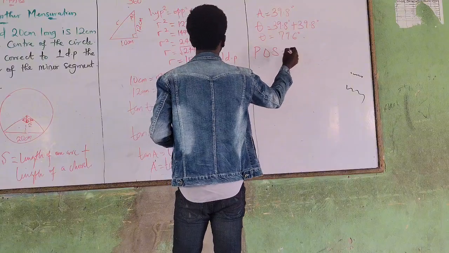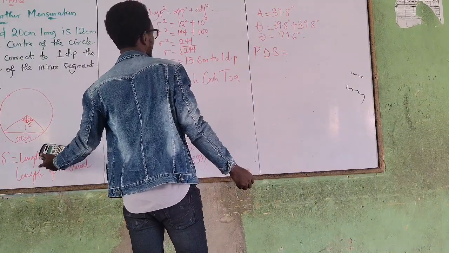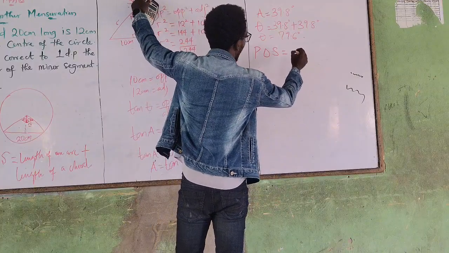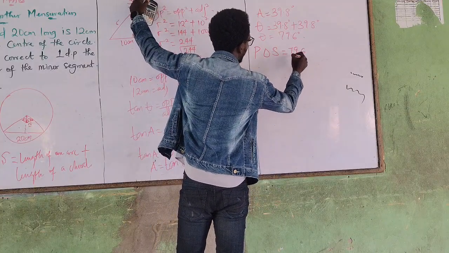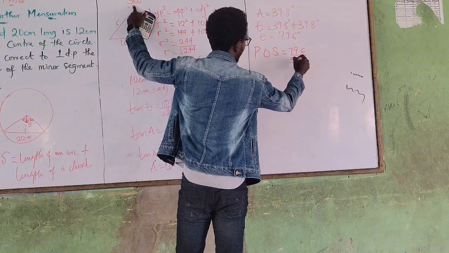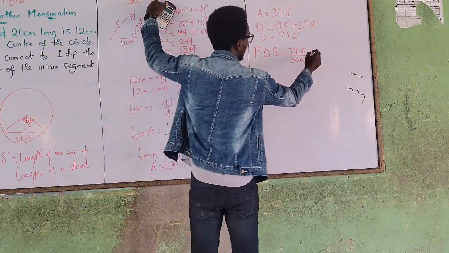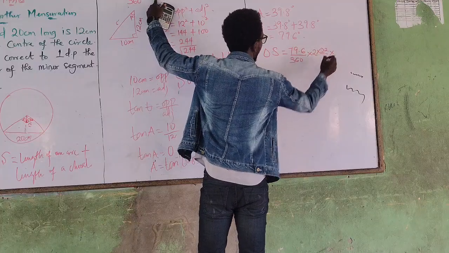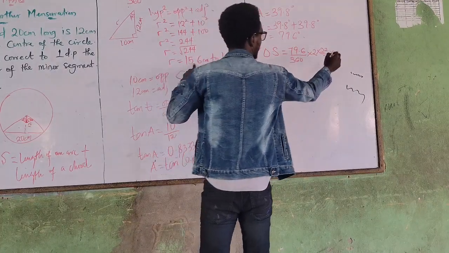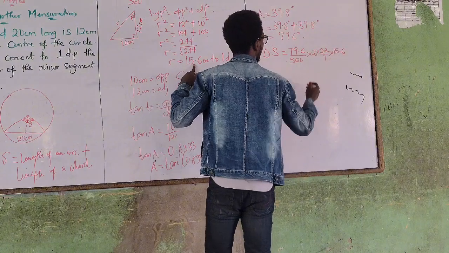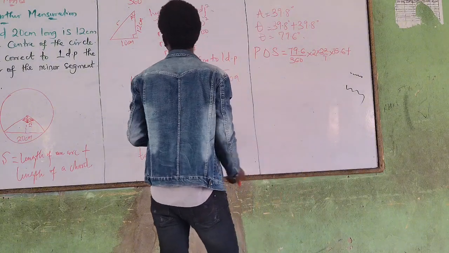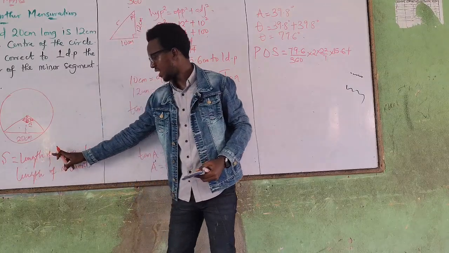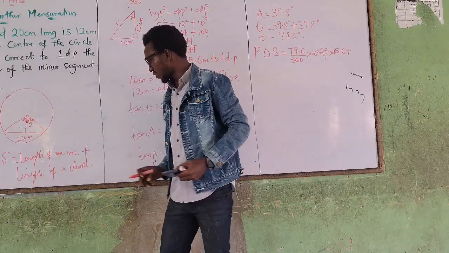So now that we have successfully gotten our theta, we can go right into the question. The perimeter of the minor segment is the length of the arc, which is this formula. So right away, let's just substitute. Our theta is 79.6 over 360 times 2 times 22 times our radius 15.6, plus, now don't forget, the formula for perimeter of a segment is length of an arc plus length of a chord.